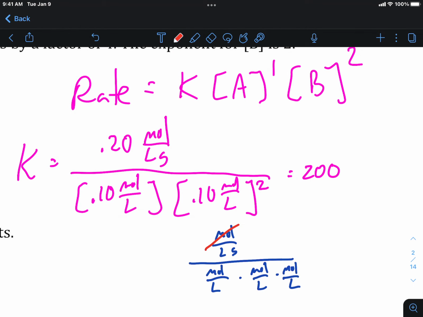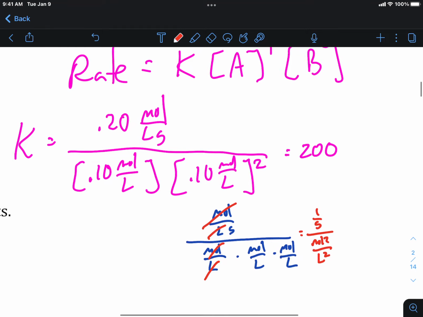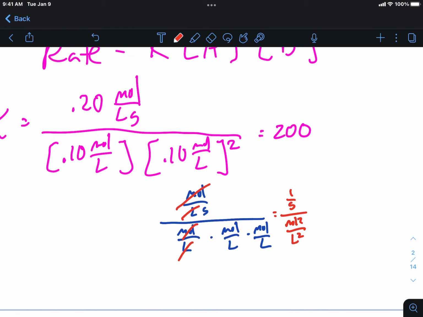So we cancel the mole per liter, and what you're left with is 1 over seconds over moles squared liters squared, which of course when you have fractional units, it's really 1 over seconds times liters squared over mole squared multiplied by the reciprocal.